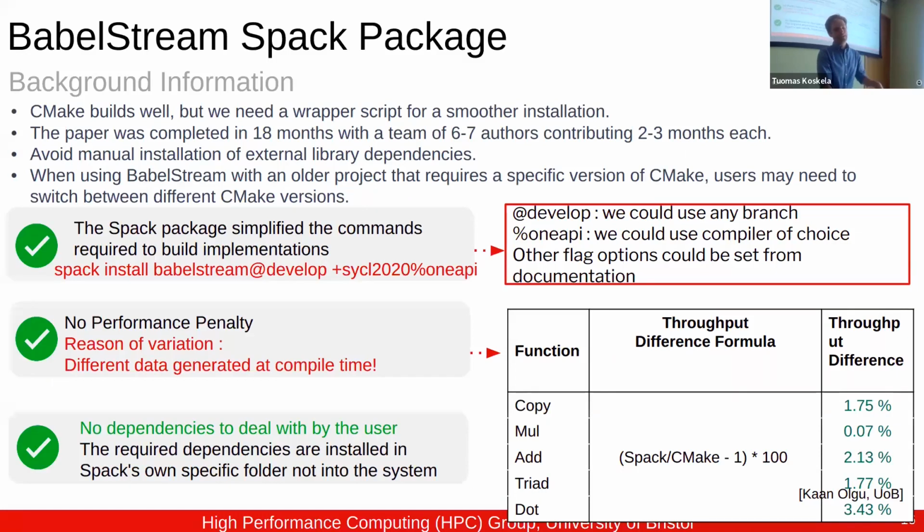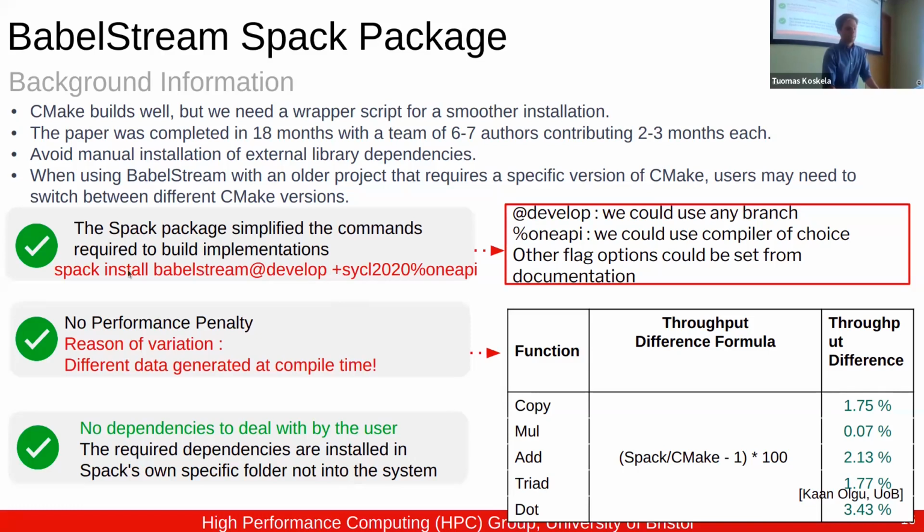I'm not going to go into a lot of detail. Basically, we've created a Spack package, and this is the package we've managed to upstream to Spack. This is a bit of a special case, because it uses a lot of variants.